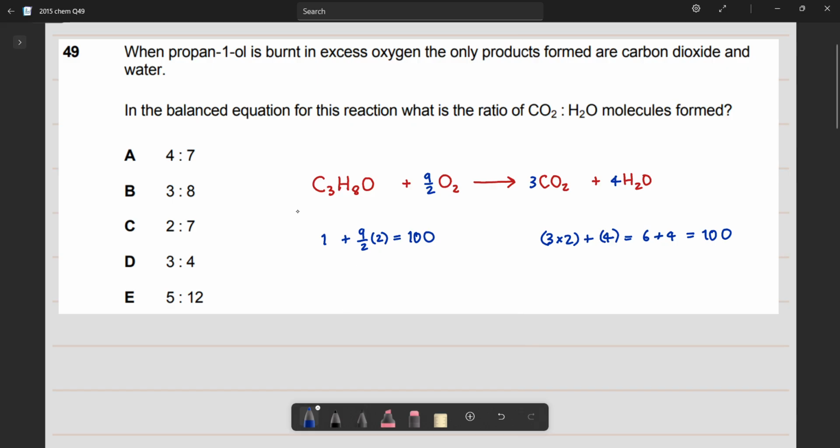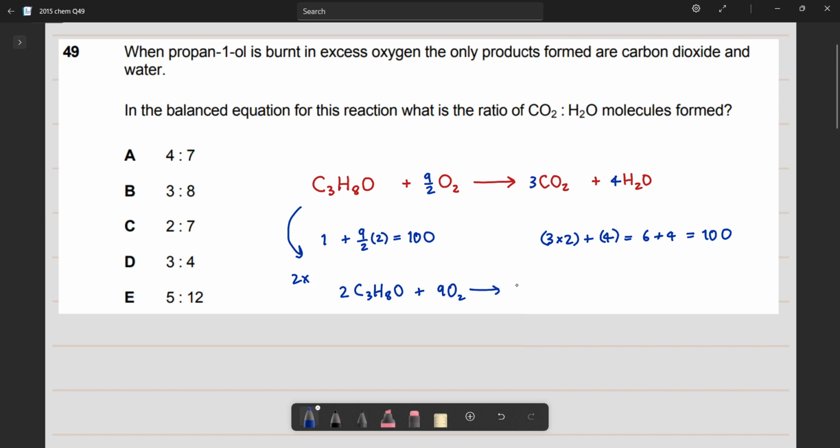Because now we can cancel this 2 out by multiplying both sides by 2. So if we multiply everything by 2, we're going to get 2 propan-1-ol plus 9 oxygens.